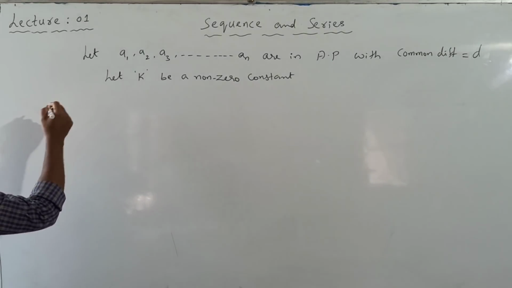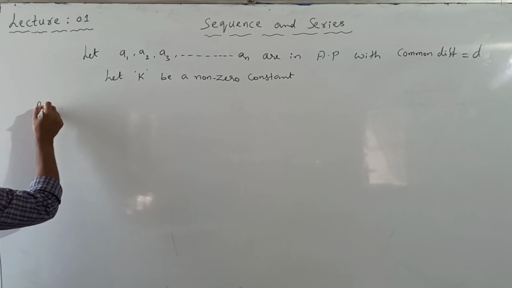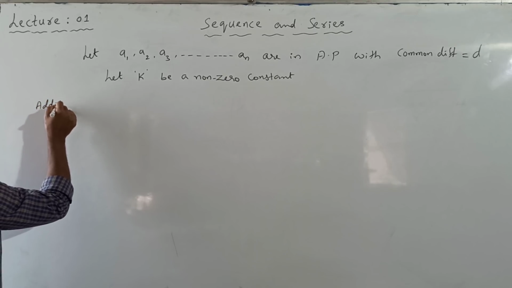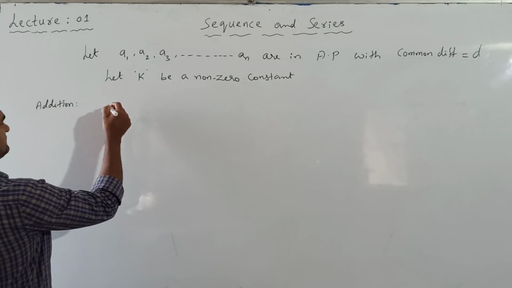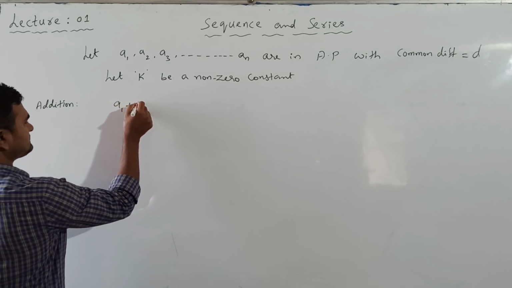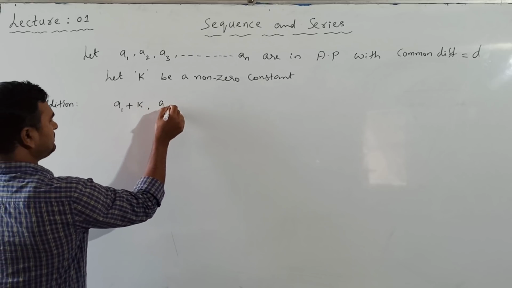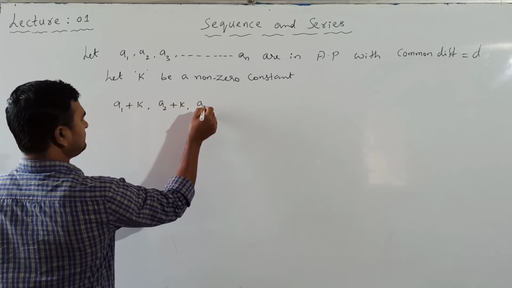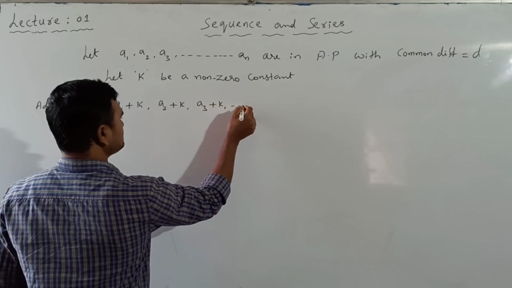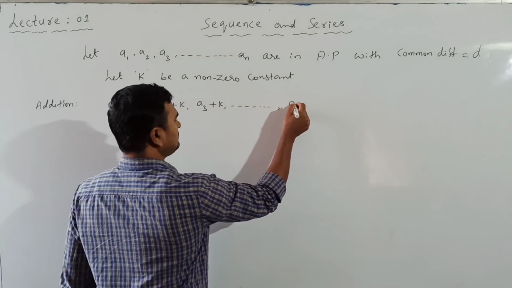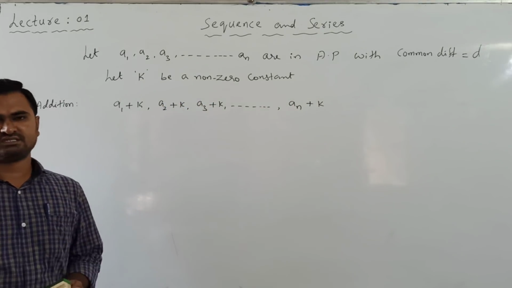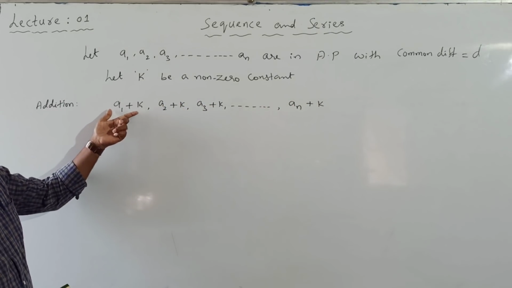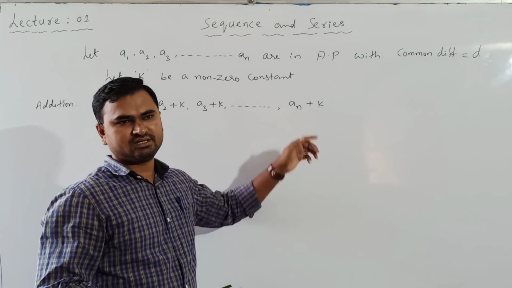So if I add this non-zero constant k to each of these terms of the given AP, then we form another sequence. So addition of constant k to each of the terms of the arithmetic progression gives a1 plus k, a2 plus k, a3 plus k and so on up to an plus k. This is the resulting sequence obtained by adding constant k to every term.